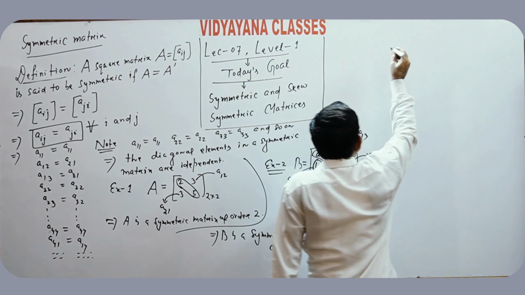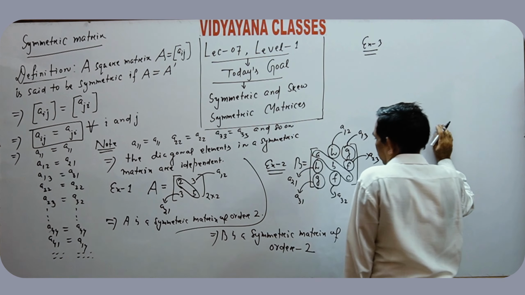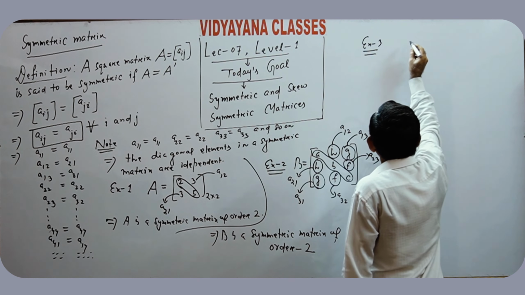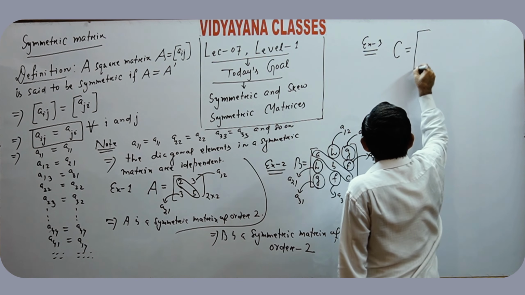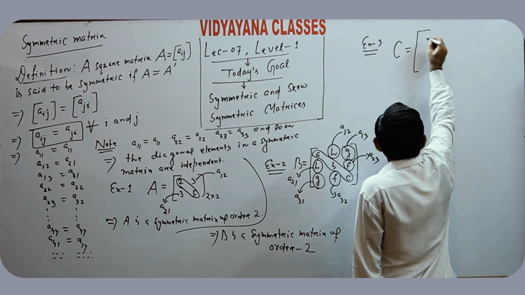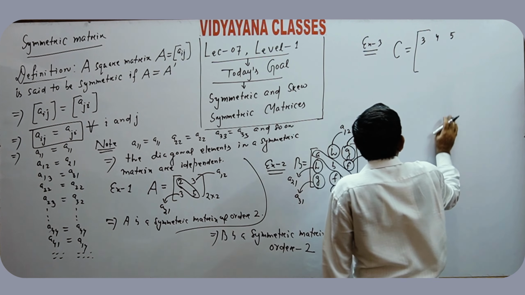Similarly, example 3. Capital C having elements 3, 4, 5.